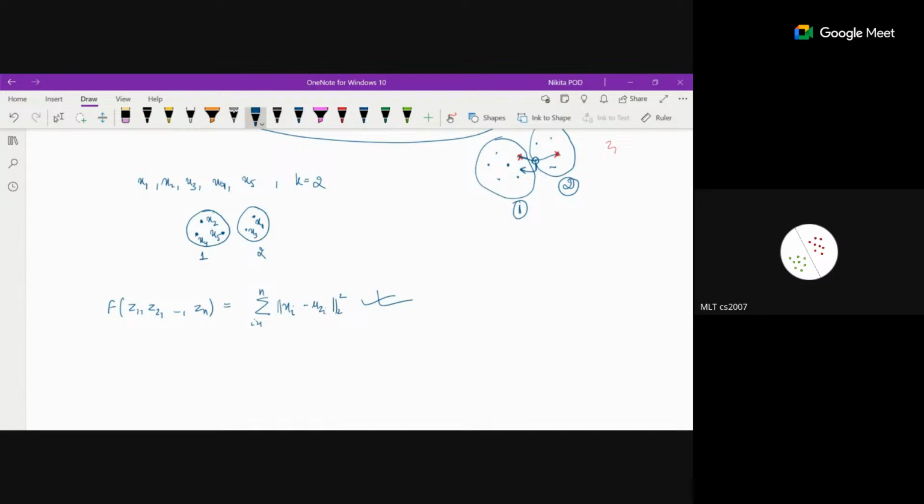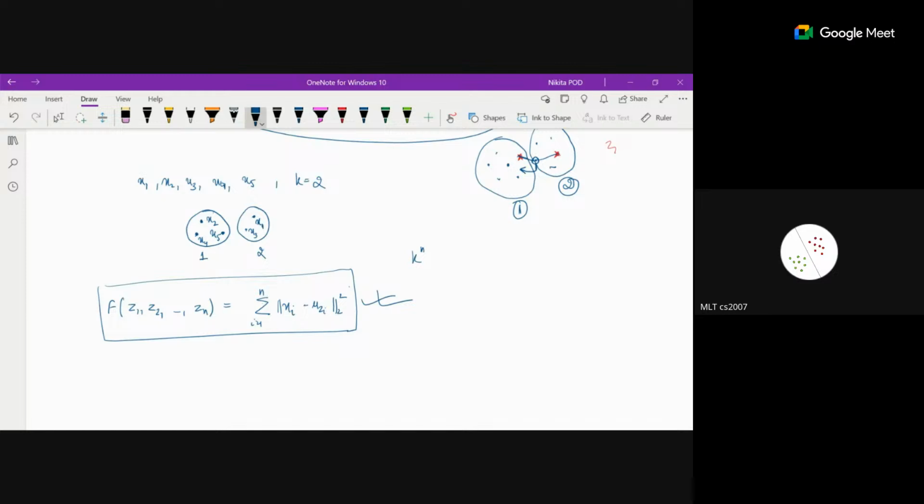Okay. All right. So once we have these assignments for each of the data points, I can compute this objective. The thing is, whatever value we get here, will this be the minimum, the least among all the k to the power n choices that we had?